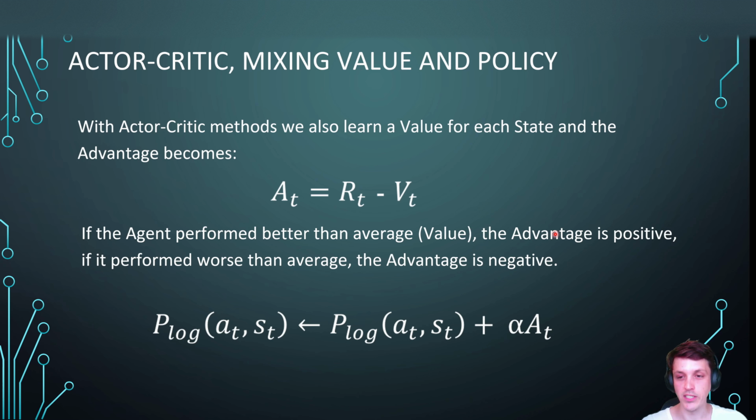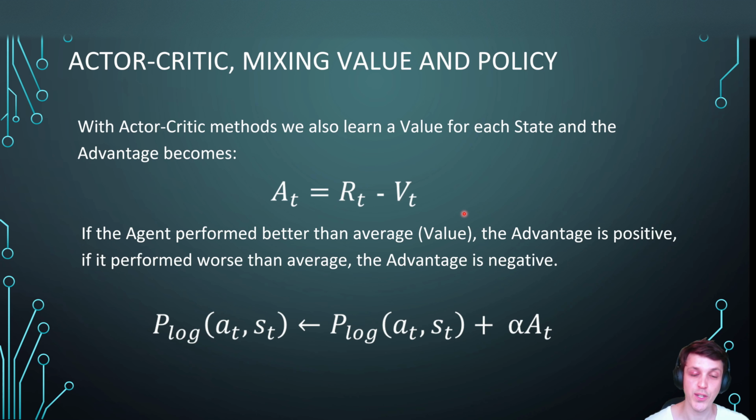So if the advantage is positive, we performed better than average, and so increase the probability of taking that action. If we got a negative advantage, we performed worse than average, and so decrease the probability. So the update step is exactly the same. It's just what the advantage is that has changed.